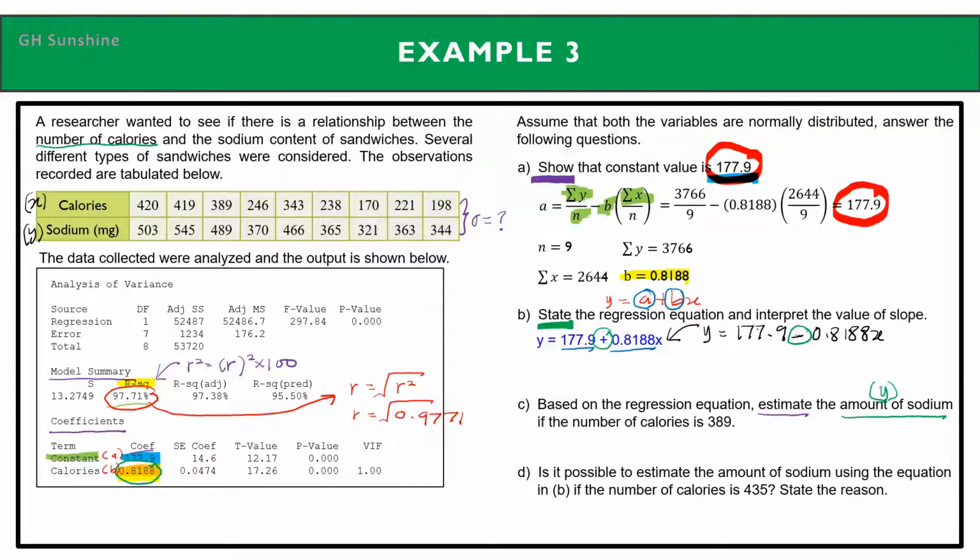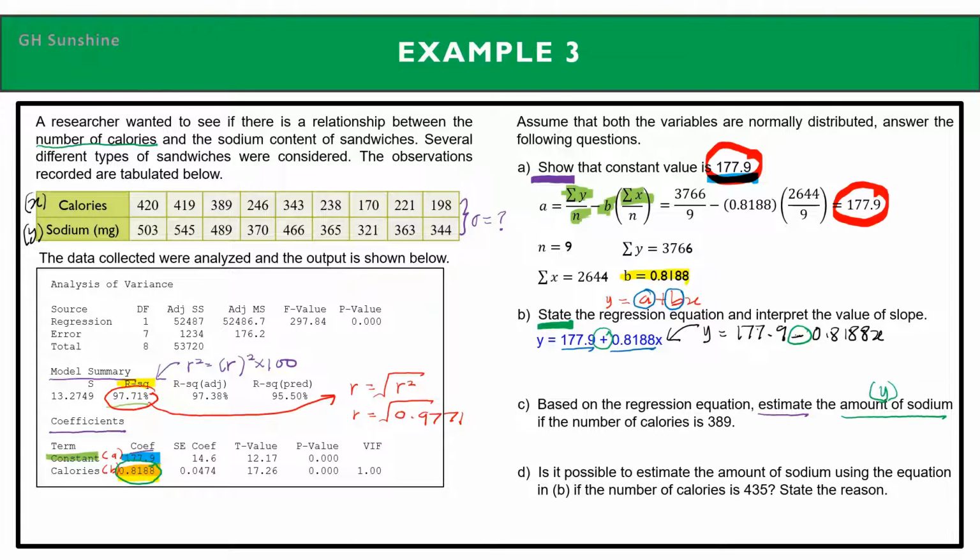Okay, next question is interpret the value of slope. So recall back the concept of value of slope. X always increase, but y may increase or decrease, depends on the sign of slope.